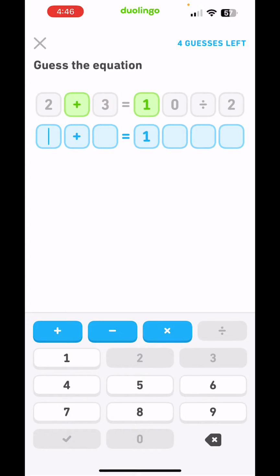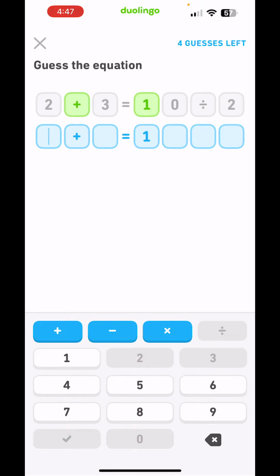So we have to use what we have. How does this guess the equation work? You have to basically literally guess the equation.